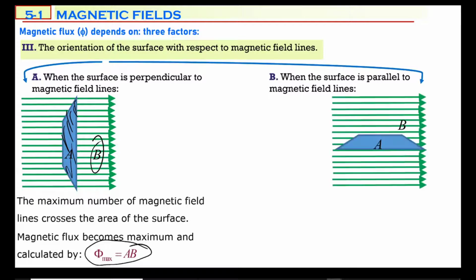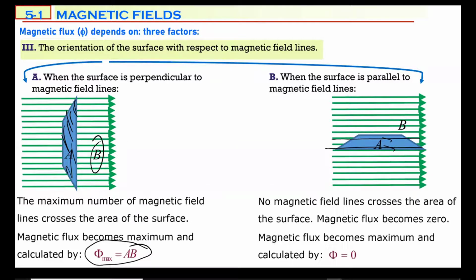But if the surface is parallel to the magnetic field lines, think that there is a sheet of paper in your hand. You keep this paper parallel to these lines. Is it possible for these lines to cross the surface of this page? No. All the lines are parallel to the plane of the page, so they cannot cross its surface.